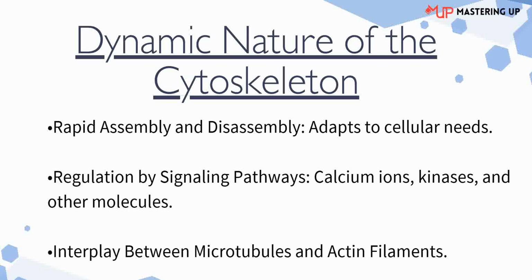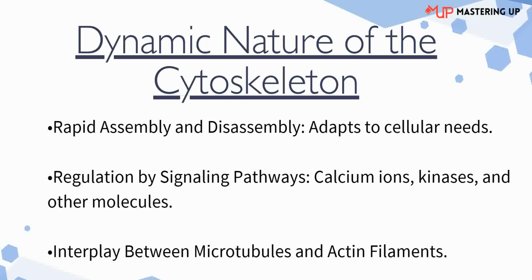It can quickly assemble and disassemble based on the needs of the cell. For example, during cell division, microtubules rapidly form the mitotic spindle, and actin filaments can reorganize to enable cell migration. This flexibility allows the cell to adapt to changing conditions.